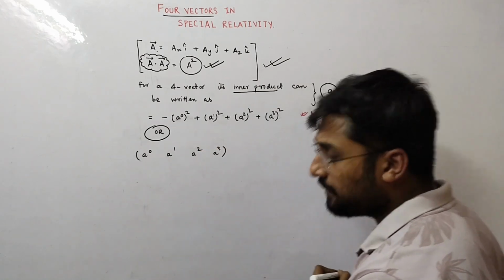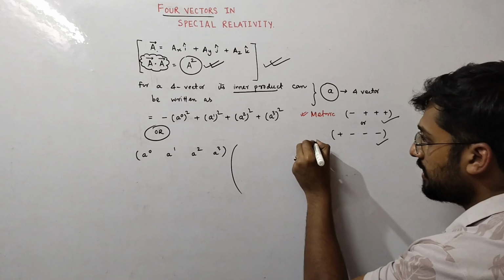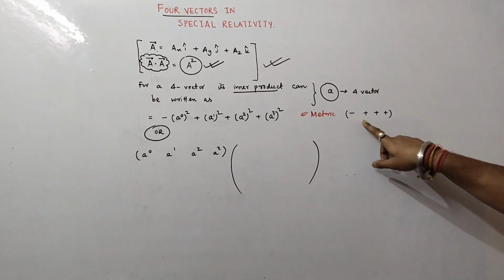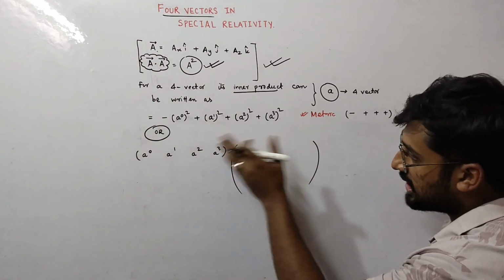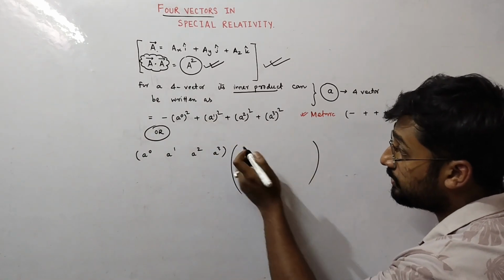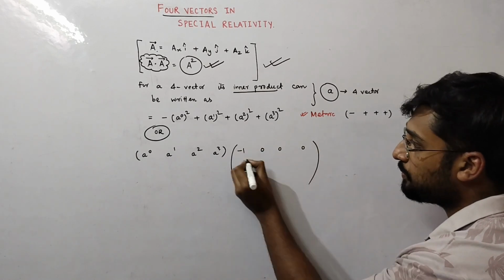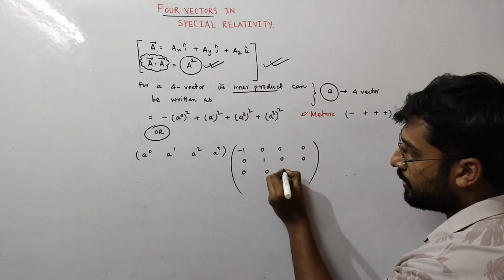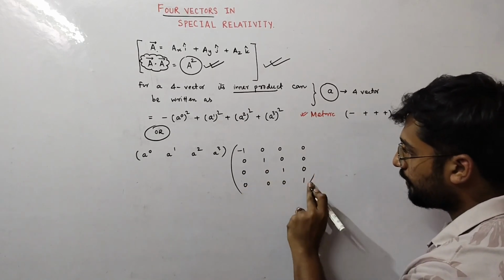This is a vector written in a matrix notation, multiplied by the so-called transformation matrix, which is minus 1 0 0 0, 0 1 0 0, 0 0 1 0, and 0 0 0 1.